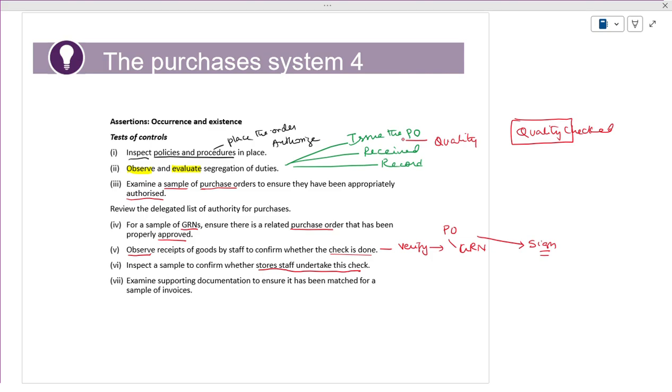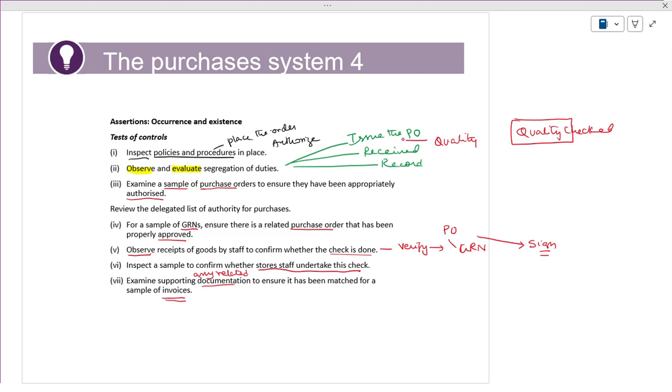For us, examine supporting documents to ensure they match a sample of invoices. Is it right? Examine supporting documents. Any documents that are there, bank documents, some detailed documents. We are not concerned about which documents. Any related documents. If I say any document, then you will ask which related document.